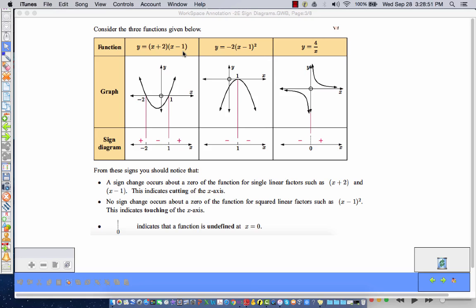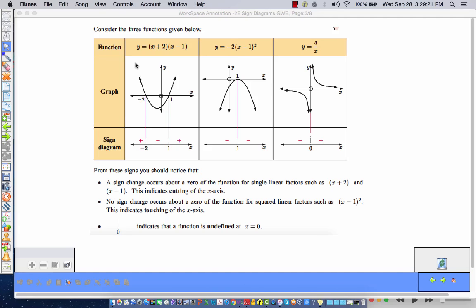And don't worry, I am going to go through this step by step. But you should be able to clearly see the zeros of this function are at -2 and 1, which correspond to the sign diagram down here. We write down where the zeros are at 1 and at -2. And then to the left of -2, the function is positive. And you can see that graphically because it's above the x-axis.